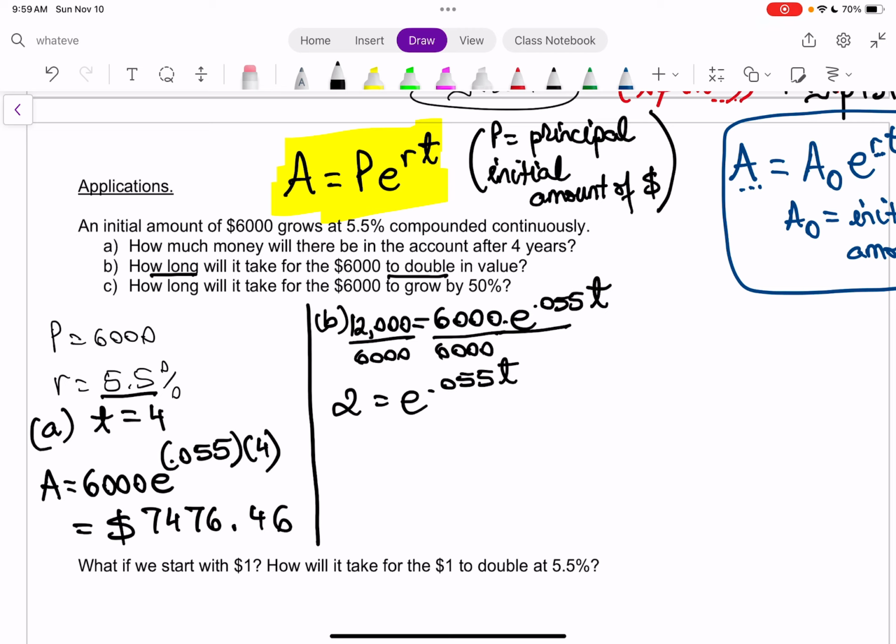So we're going to switch it to logarithmic form. So natural log of 2 equals that exponent. Okay, so we log both sides with the base of e, and that makes the base of e go away. And so finally, time is going to be natural log of 2 divided by 0.055.